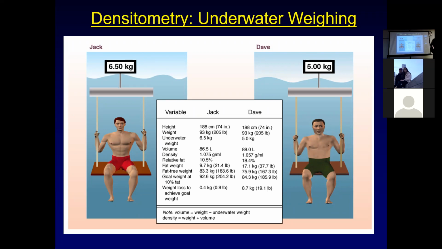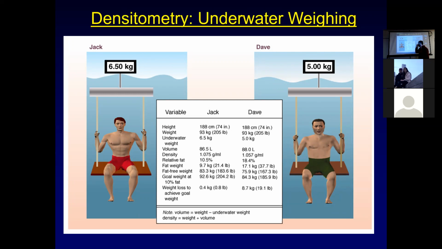But what you do is you get in the tank of water, there's a swing, you sit on the swing, and it lowers you down in, and you dunk your head under, you blow all the air out of your lungs, which is also kind of freaky when you're about to go underwater. But you do this, and we see how much you weigh underwater, okay?